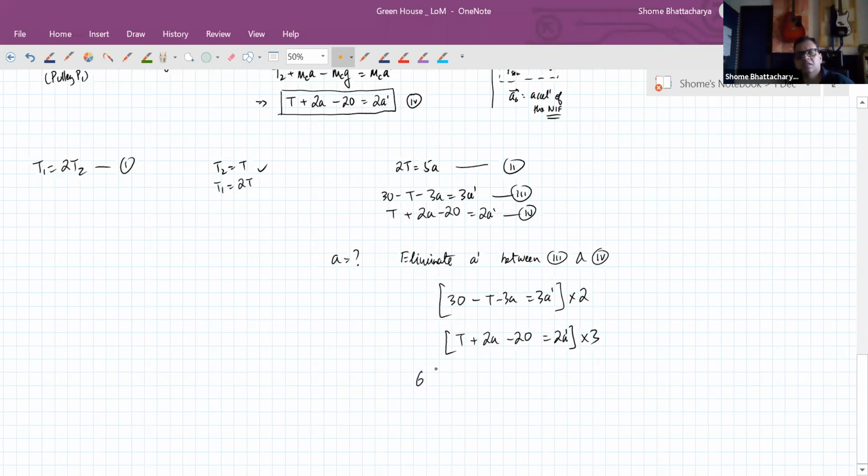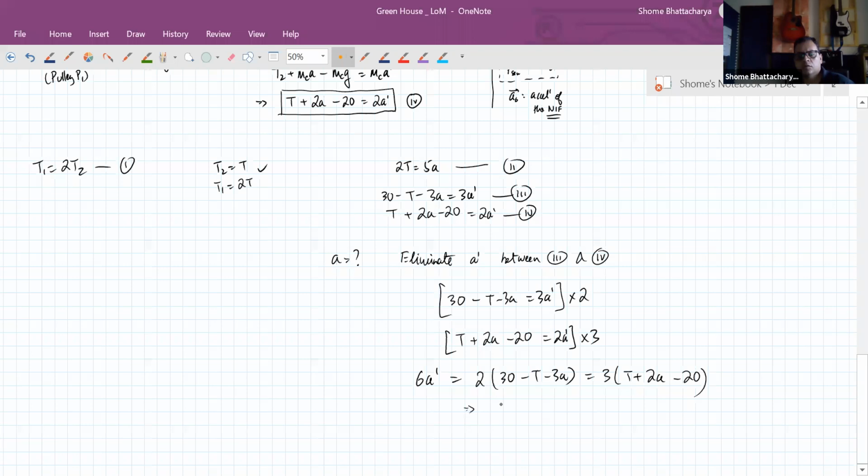So 6A prime on both the sides will become 2 times (30 minus T minus 3A), which is equal to 3 times (T plus 2A minus 20). Correct. So this will give us another equation.